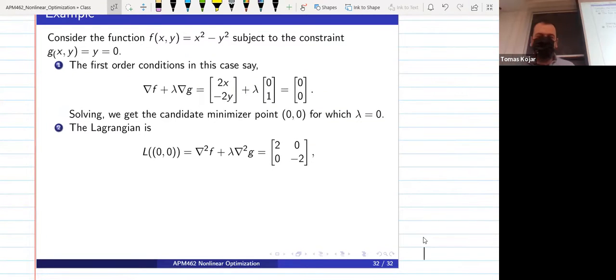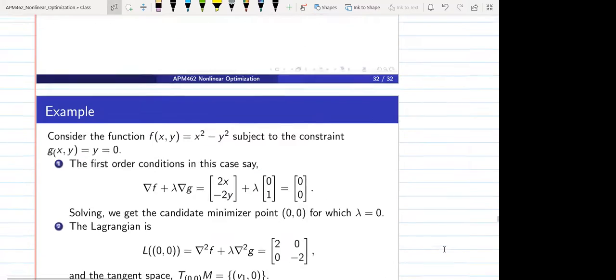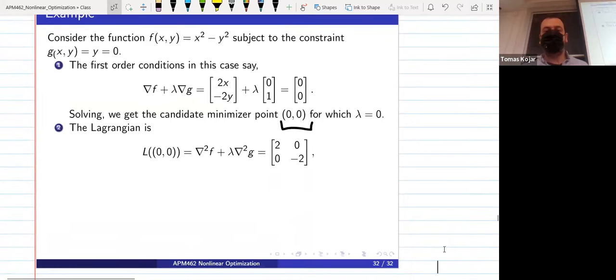So now I have a question. I have to show that this candidate 0,0 is a strict local min. So I have to show that this matrix is positive definite on the tangent space. So question, is this matrix positive definite? Why not? What are the eigenvalues?